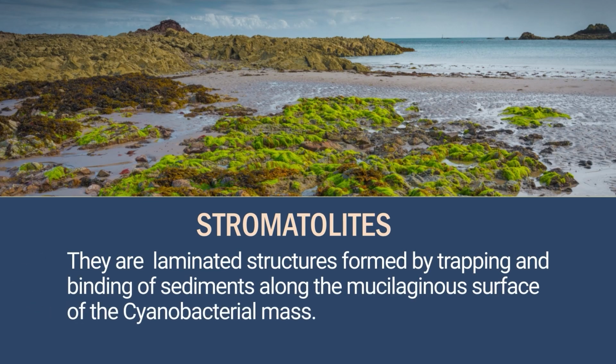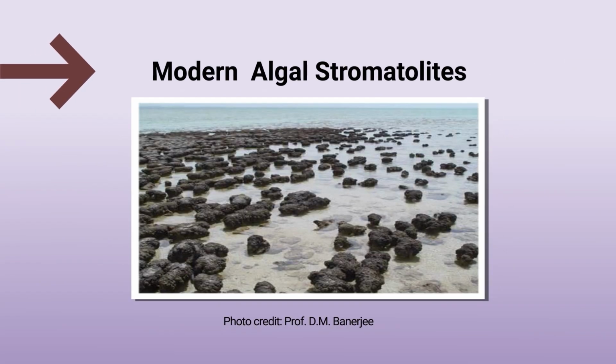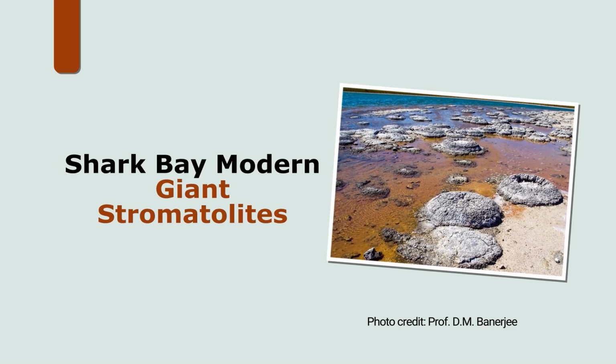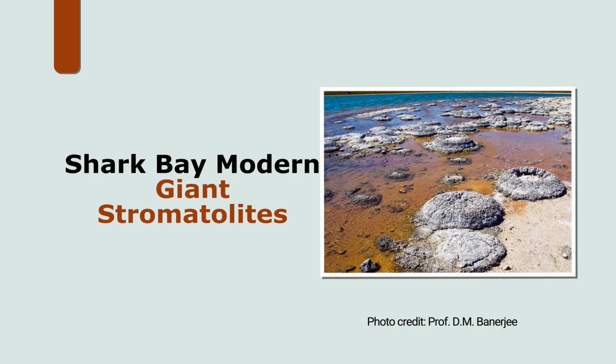They are laminated structures formed by trapping and binding of sediments along the mucilaginous surface of the cyanobacterial mass. In the modern algal, this is in South Australia, where you have algal stromatolites growing today. They are modern. As compared to that, this is also Shark Bay, with modern giant stromatolites, you can say.